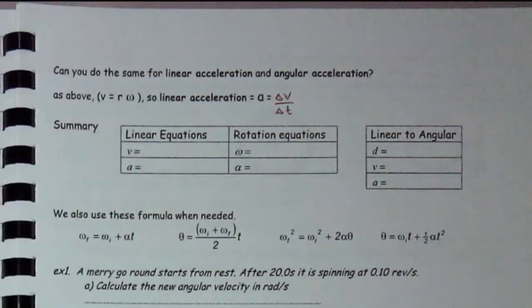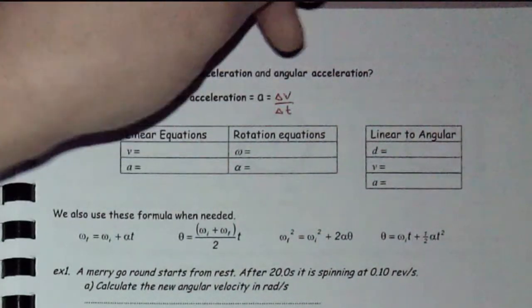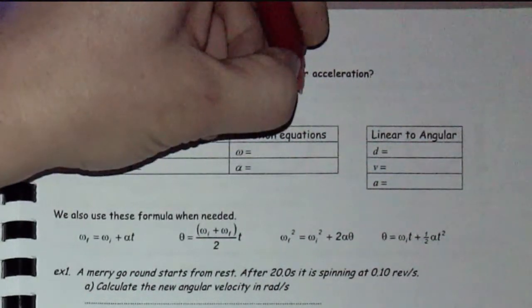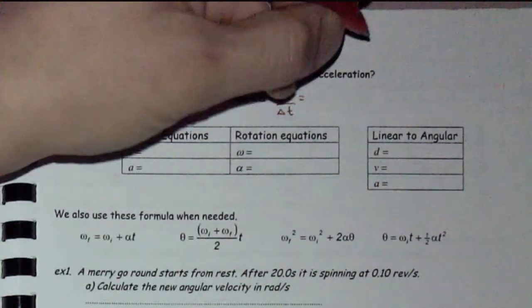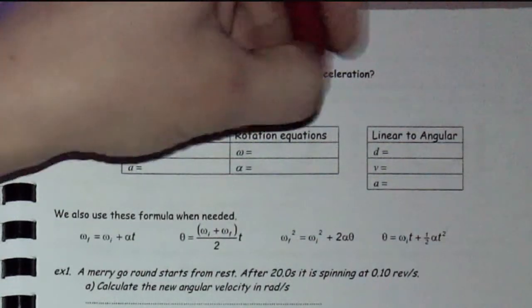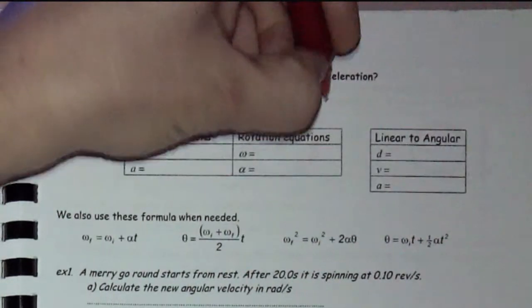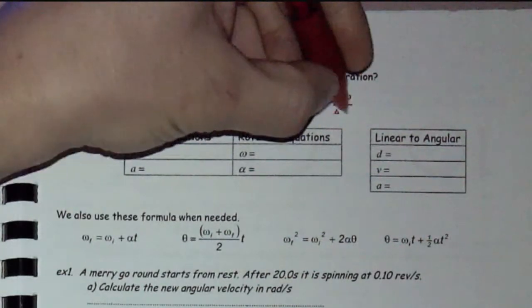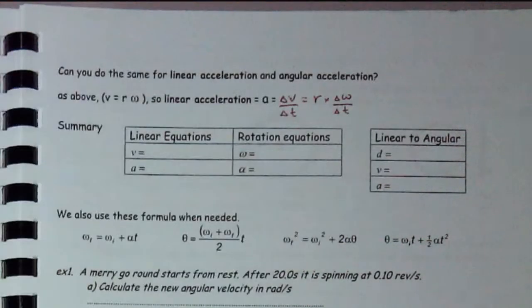What we're working out is basically how quickly the speed of this object as it moves in a circle is changing. So the change in linear speed over the change in time is going to be equal to r times the change in angular speed over the change in time, because r omega is equal to v.